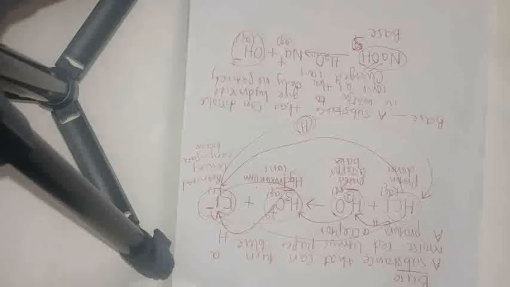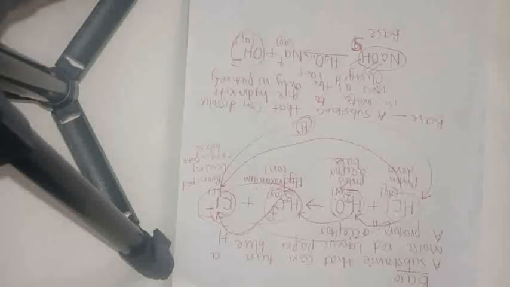So any substance in chemistry that you can dissolve in water, then it will end up dissociating to give you hydroxide ions as the only negatively charged ions in that solution will qualify to be called a base. So a base must first dissociate or ionize in water, then it must end up giving you hydroxide ions as the negatively charged ions in that solution.